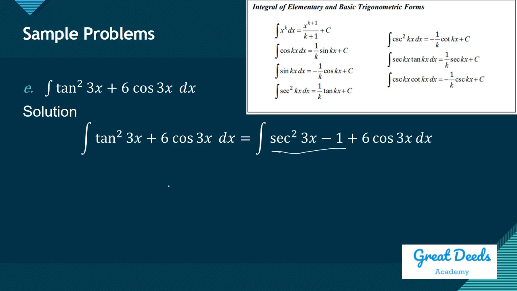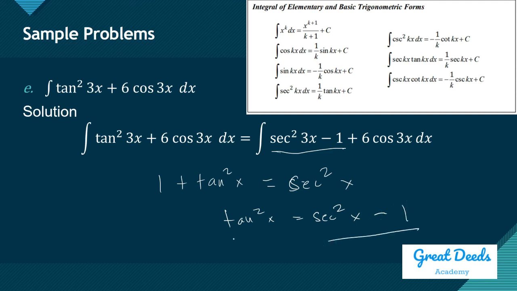So from your basic fundamental identities, you have this identity 1 plus the square of tangent of x is equal to the square of secant of x. So this means the square of tangent of x is equal to the square of secant of x minus 1. So this one will replace the square of tangent of x.